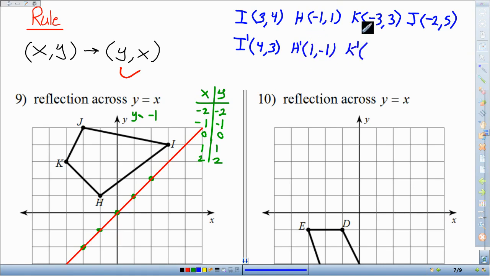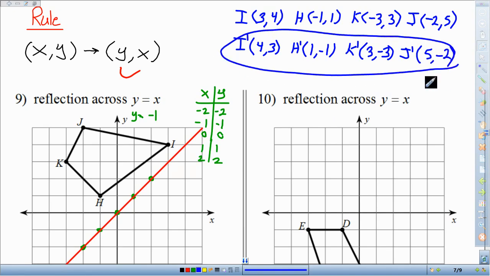K prime, -3, +3, flip-flop, +3, -3. And J prime, -2, 5, flip-flop them, becomes 5, -2. These are the points of my reflection over the line of y equals x.